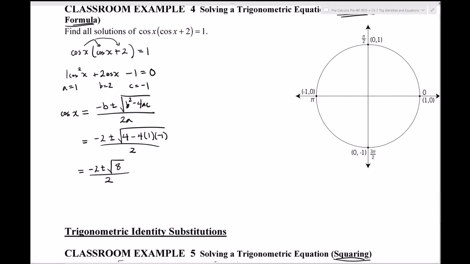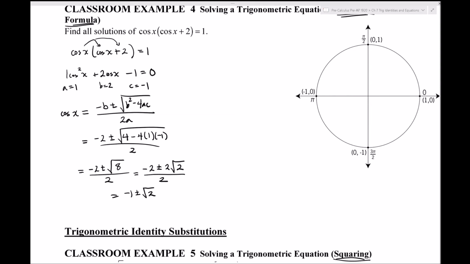And that square root of 8, you should remember, can reduce to 2 times the square root of 2. Those are all reducible by 2. So we get -1 plus or minus the square root of 2. So that's what we have so far.